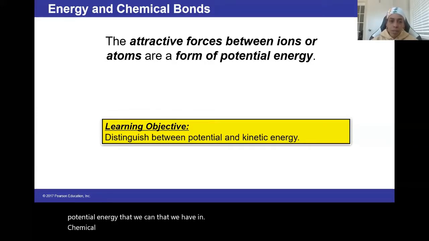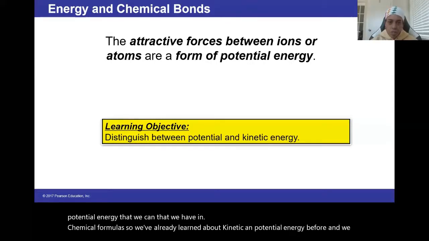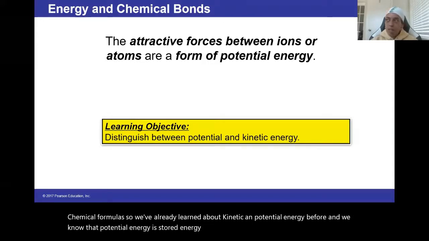We've already learned about kinetic and potential energy before, and we know that potential energy is stored energy. So the bonds between atoms or ions are a type of potential energy.